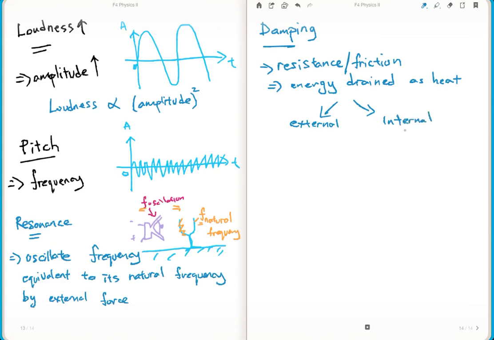One way is to look at it in the spring. Internal damping: you have expansion or compression. External damping would normally be a loss of energy as friction. So there are two types of it.